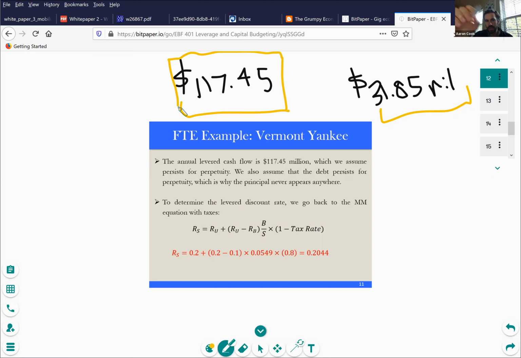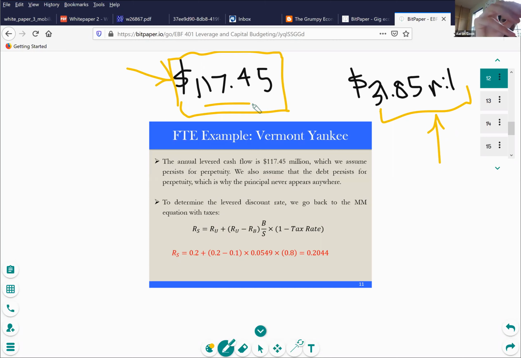So you account for that debt here rather than in the total amount of borrowing that occurs. That's one difference between this flow to equity method and the adjusted present value method from before. So now these are levered cash flows. Those already account for interest. Those are what the equity holders take home every year after they pay their bondholders.